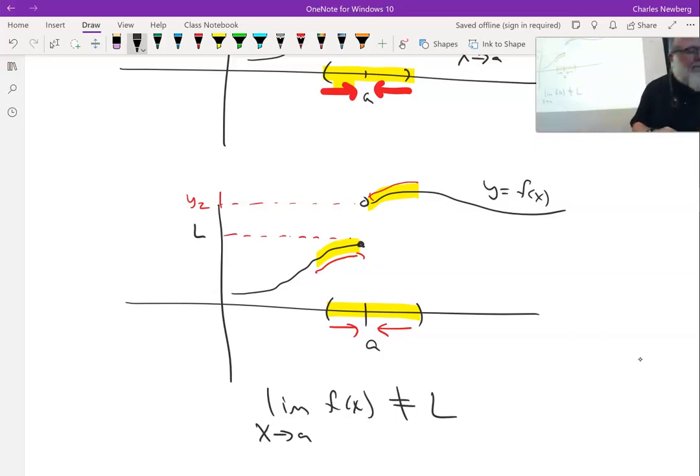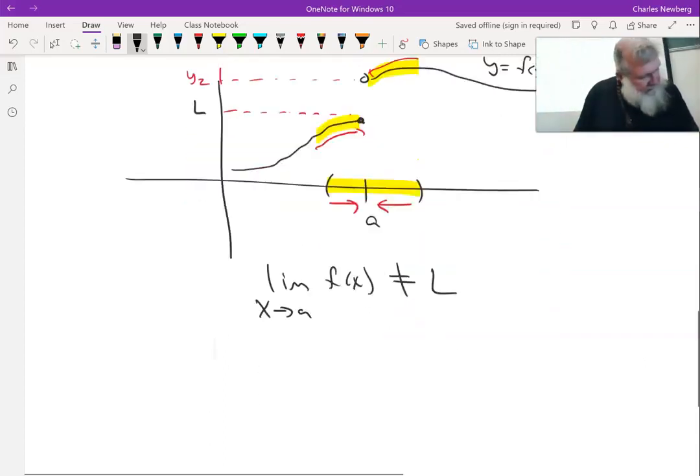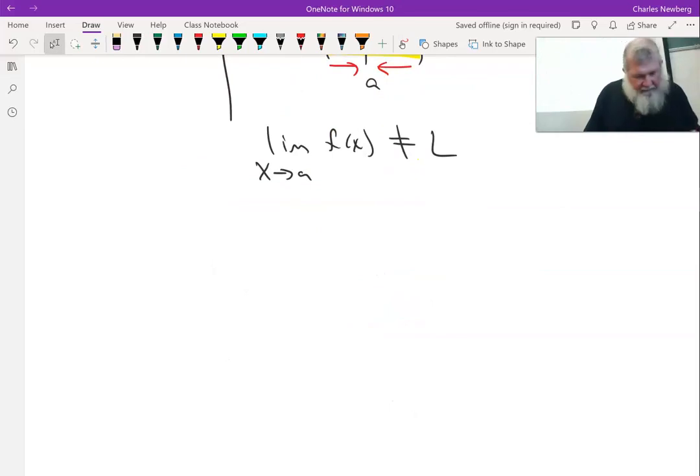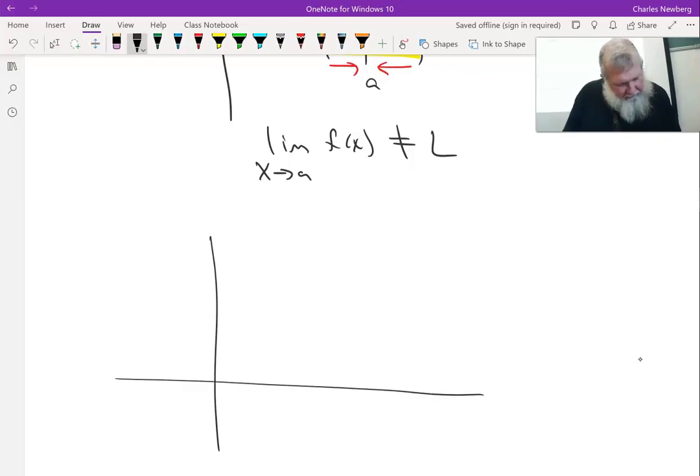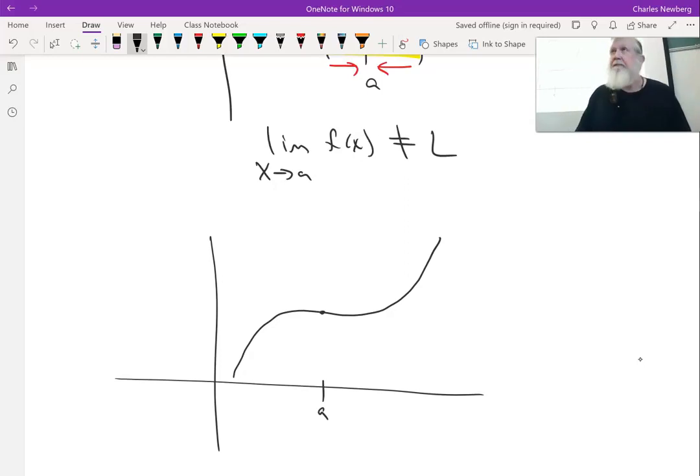All right. Our next example. Let me just draw another one here. Let's say this is A. And let's look at this one.